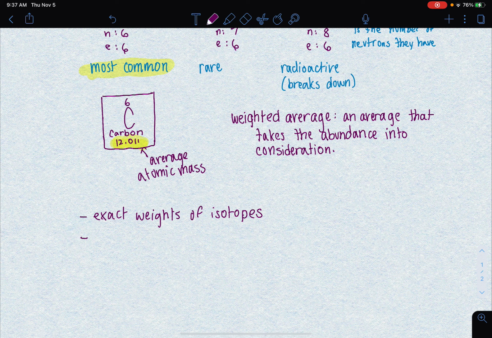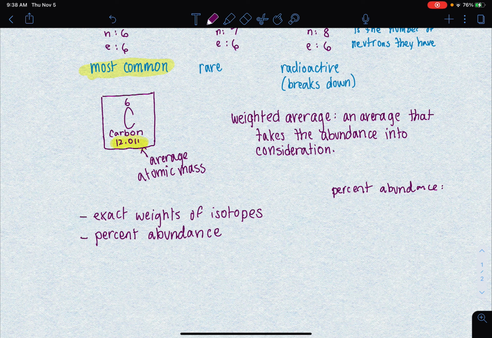What you also need is the percent abundance. And the percent abundance is just the percent of all atoms of that element that exist as that isotope.